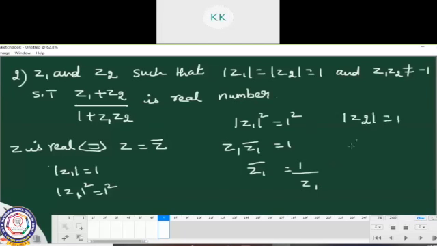Squaring on both the sides, modulus of Z2 the whole square equal to 1 square, which is 1. Same way, Z2 into Z2 bar equal to 1. Z2 bar equal to 1 by Z2. Okay.